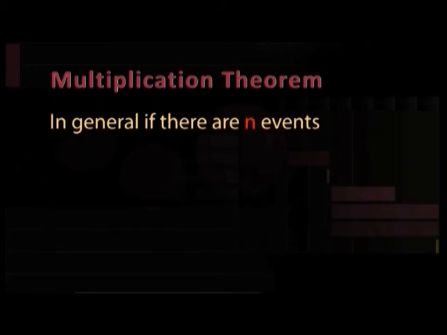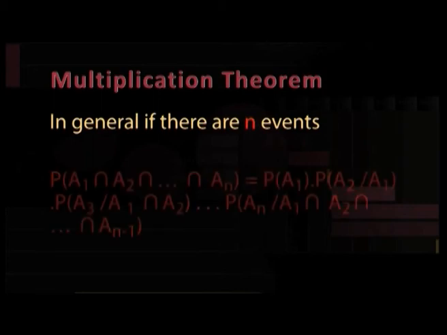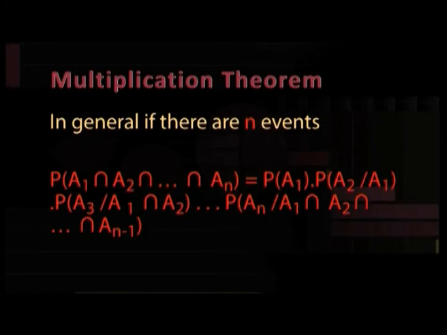Therefore, in general, if there are n events, then probability of A1 intersection A2 intersection up till the nth is equal to probability of A1 into probability of A2 given A1 into probability of A3 given A1 intersection A2 up till probability of AN given A1 intersection A2 intersection etc. up till intersection of AN minus 1.